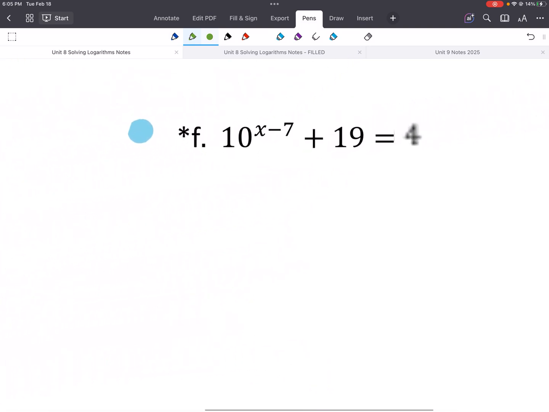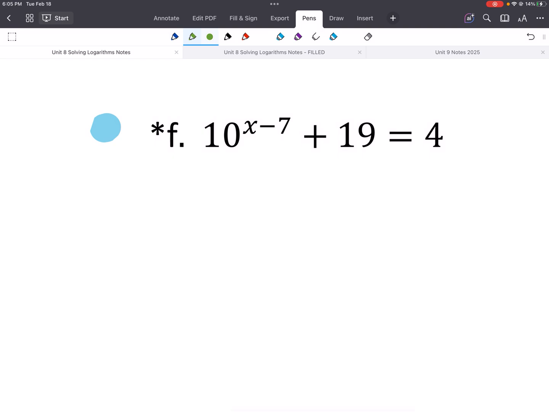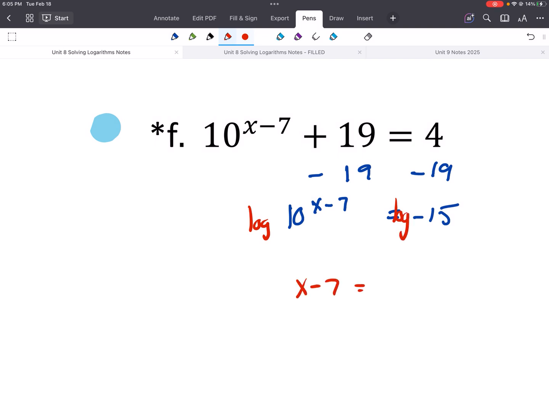All right, our last example here real quick is a kind of special case. So if we were to subtract 19, we would get -15 on that side. Next, we would do log on both sides. So we'd end up getting x minus 7 is equal to log of -15.